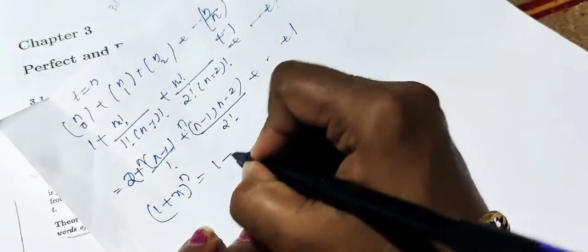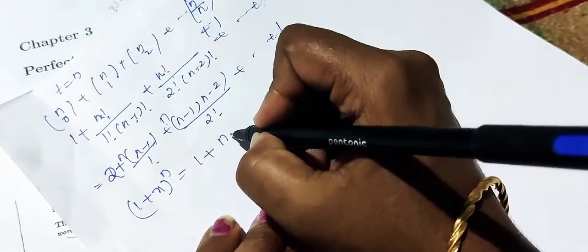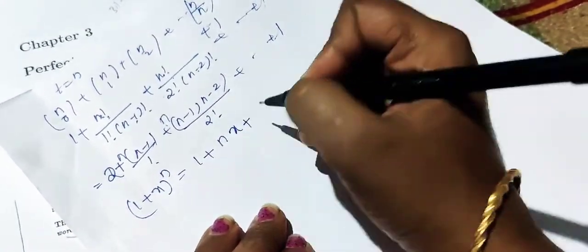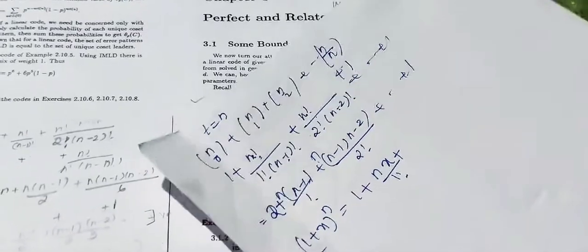So we have the binomial expansion: 1 plus x whole raised to n is what? 1 plus n into x. Actually, I'm sorry, this one.